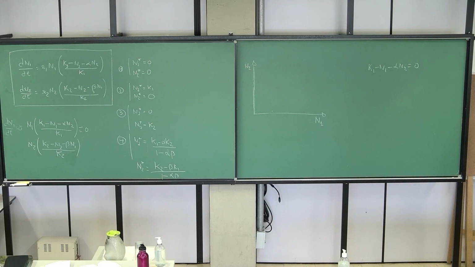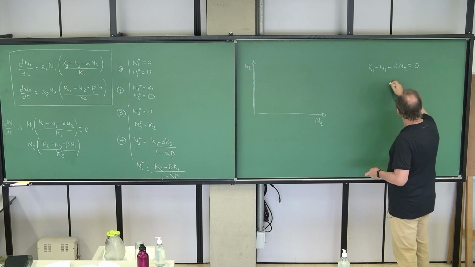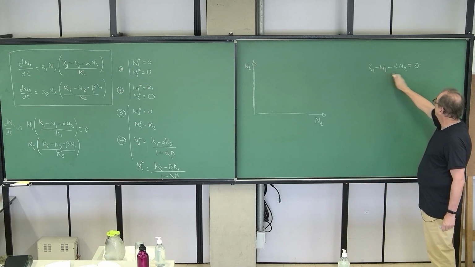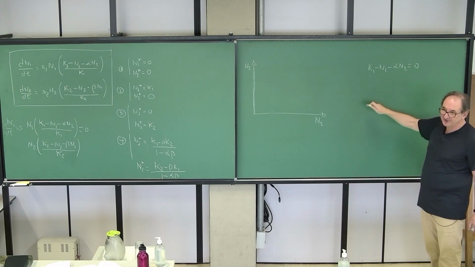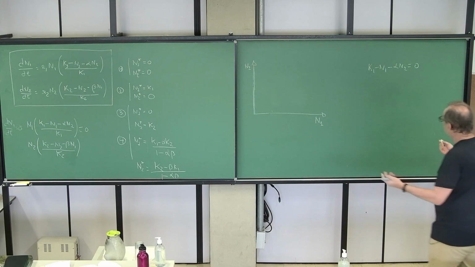This is the equation of a straight line. It gives you n1 in terms of n2 or vice versa. And how do I draw graphically this straight line? I just have to have 2 points, and then it's just a straight line through the 2 points. So it's easy to find 2 points.